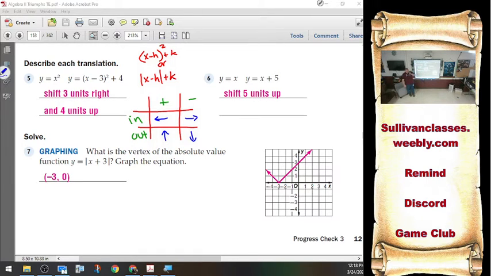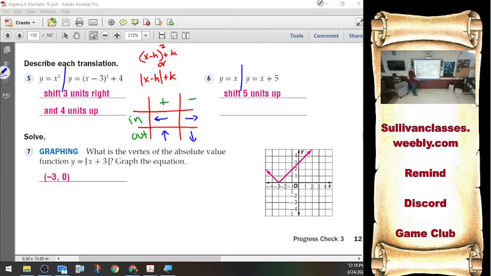And I told all of you to have that cheater chart. Probably be handy to put it on a note card or something so you don't have to keep flipping back in your notes. And these were just, here's the parent function, what'd you do? Here's the parent function, what'd you do? Okay? And then down at the bottom, they ask for the vertex.